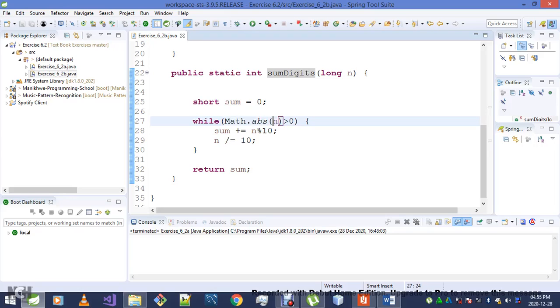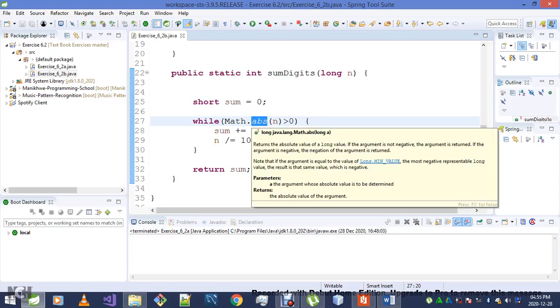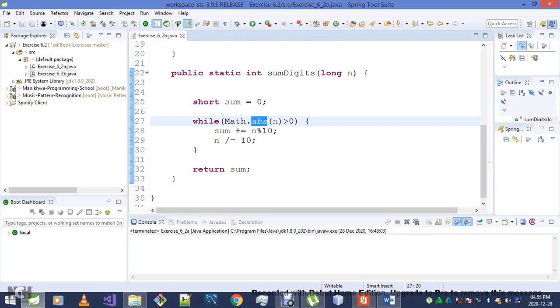Suppose I did not use the method abs method. Oh, by the way, this right here is also a method. The abs method is nothing else but a utility method that is defined on the Math class.